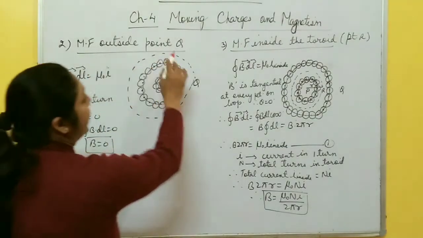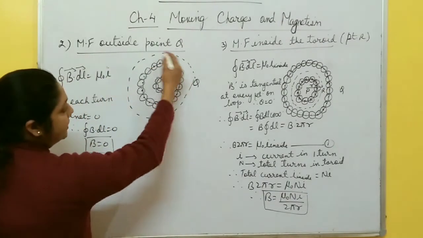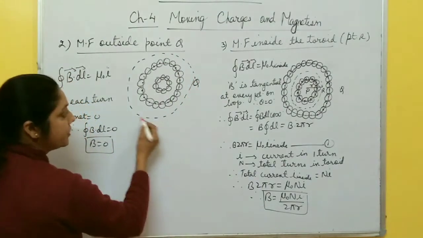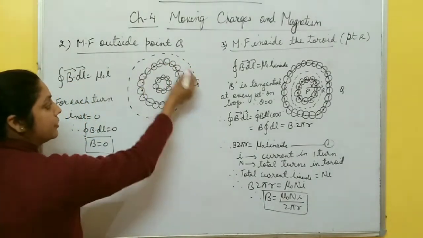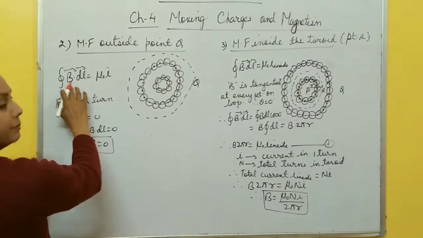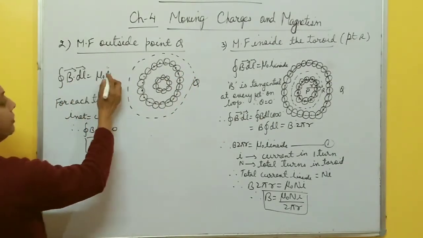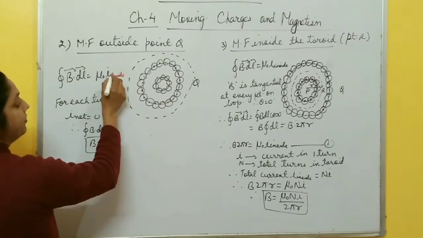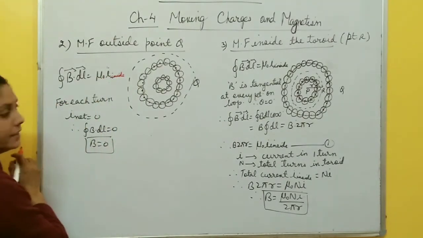Now the magnetic field outside, at point Q, outside this toroid. To find it, you draw an Amperian loop passing through that point and apply Ampere's Circuital Law, B dot dl equal to mu naught I inside. Now outside this toroid, what is the value of I inside?